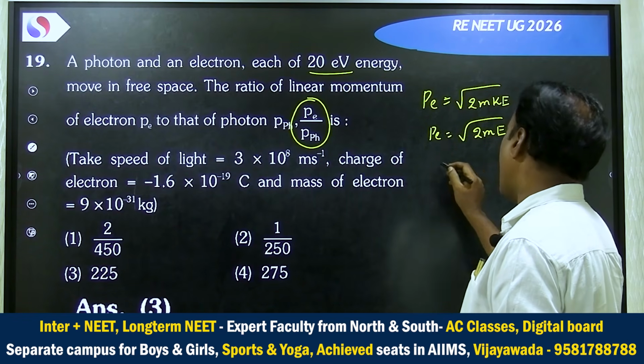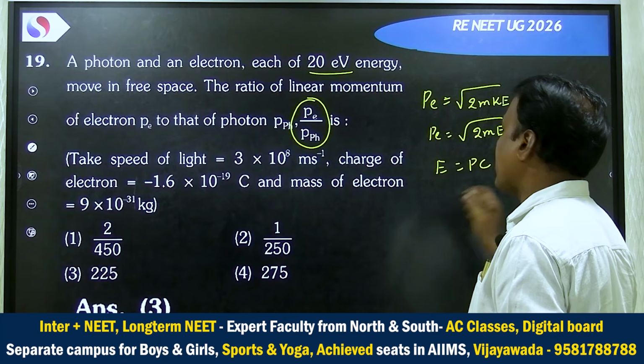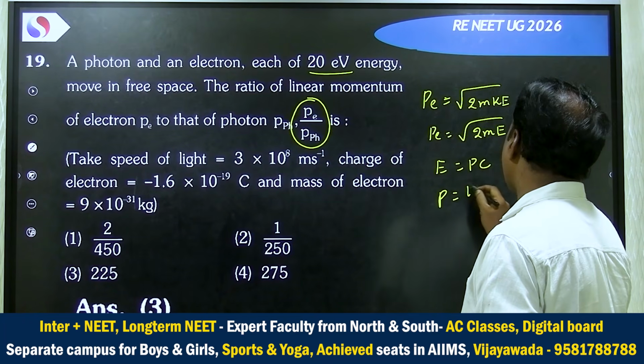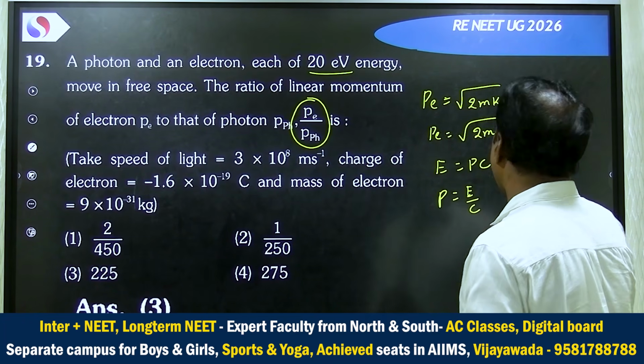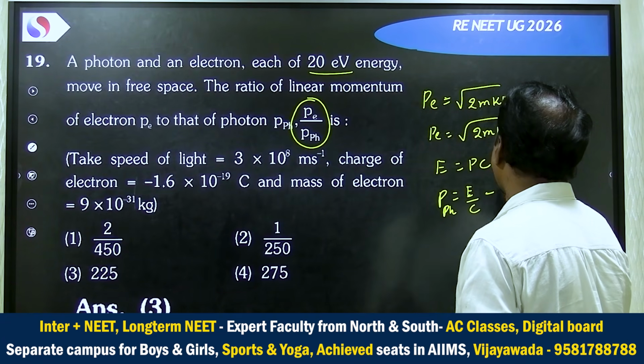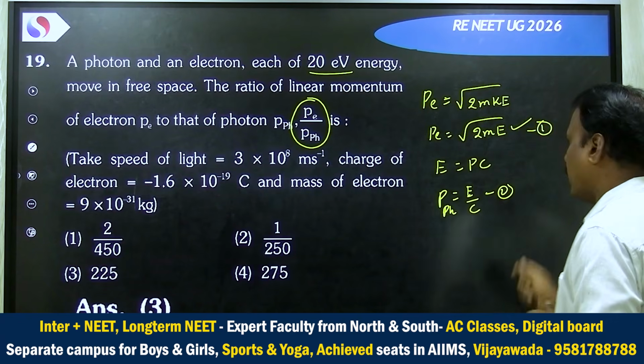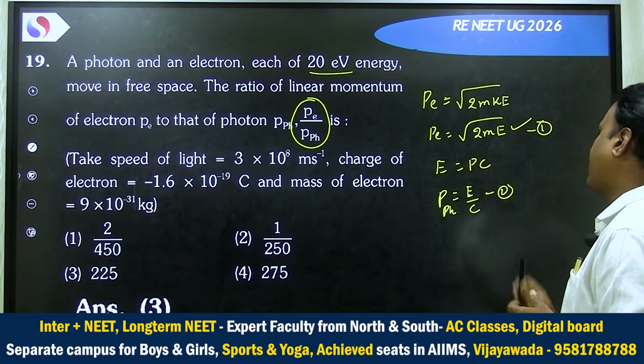And for a photon, as you know, the energy of a photon obeys E equal to Pc. Here P becomes E by C. So this is the momentum of a photon. Let it be equation 2. It is the momentum of an electron. Make it equation 1.